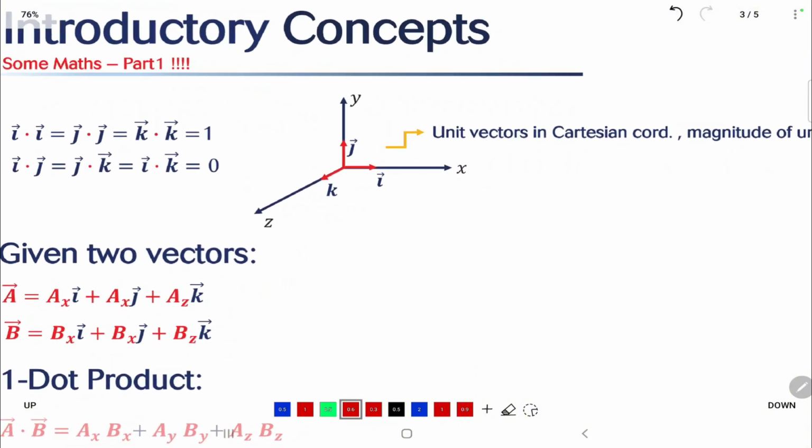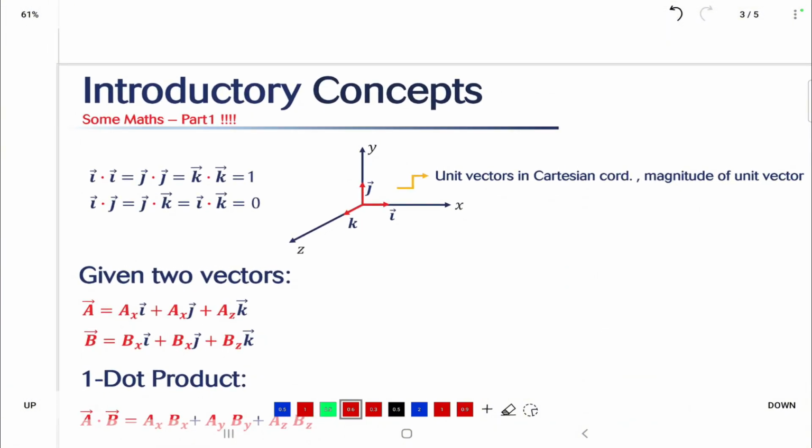Okay, now I'll go through the first important operation which is done with vectors. I remind you of this, what is called, you see, we have an operation here. It is I dot I. Now I dot I, this is called the dot product.